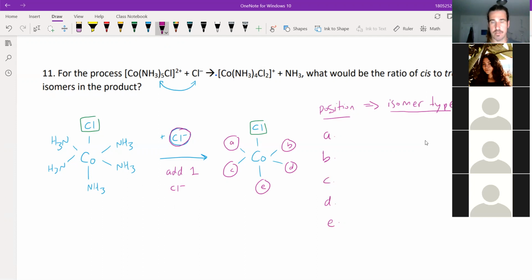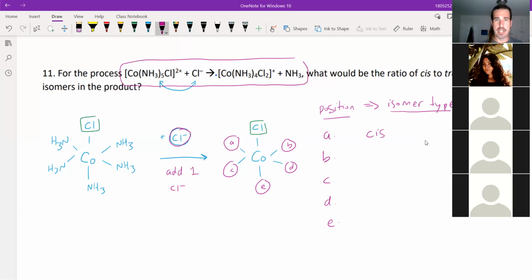Cis. Cis, right. Is it possible for it to replace the other chlorine that's already on there? It's possible, but in the reaction that's given, we're going based on this. It doesn't, right? In reality, that would be happening, and that would basically be an equilibrium thing. They'd be popping off and on.